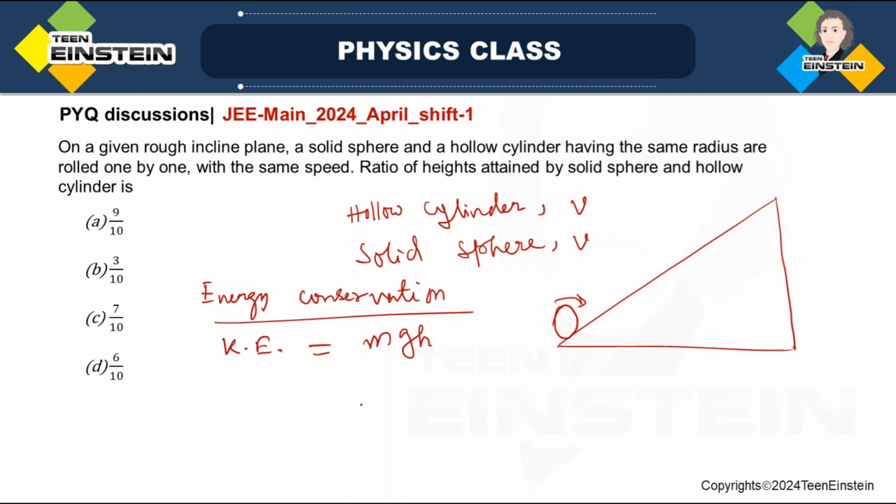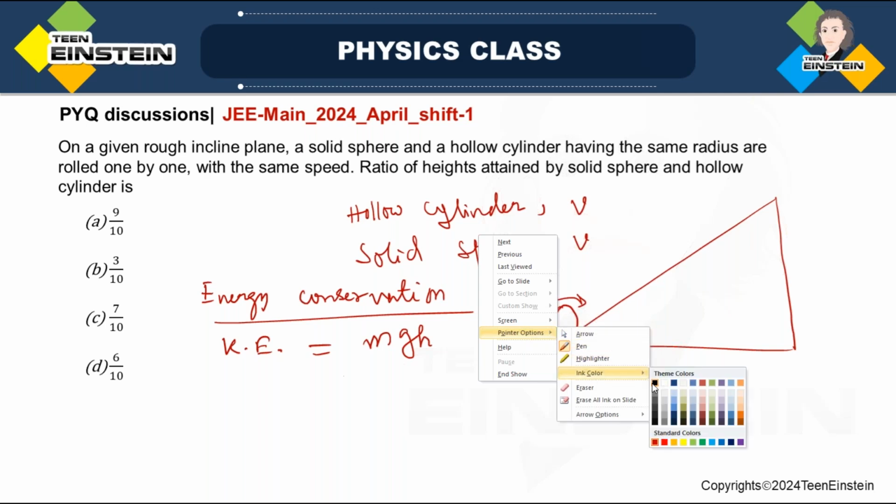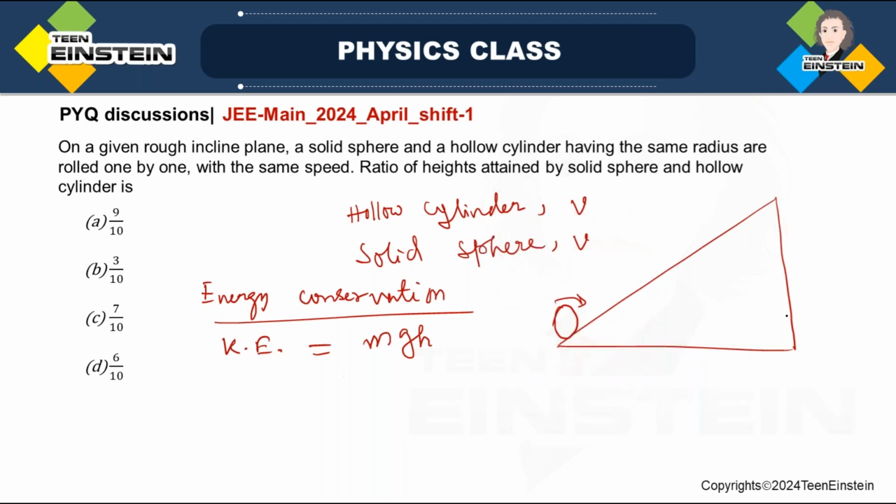Now here, what is the total kinetic energy? For a rolling body, it is actually a rough surface, so there will be no slipping on the rough inclined plane, and there will be frictional force.